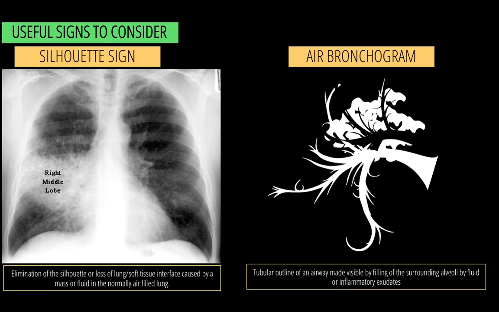So the difference in density between the vasculature, the alveoli, and the lungs is the reason why we can actually see the interface in the form of the vessels.